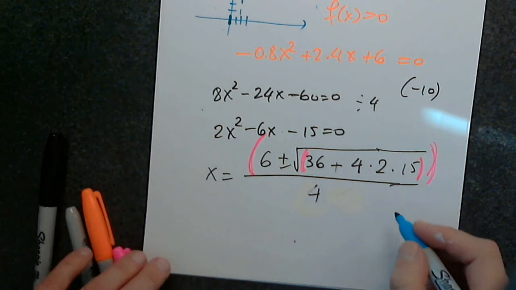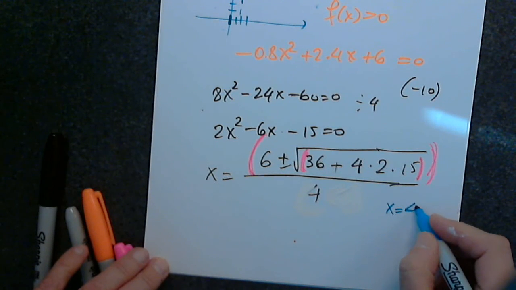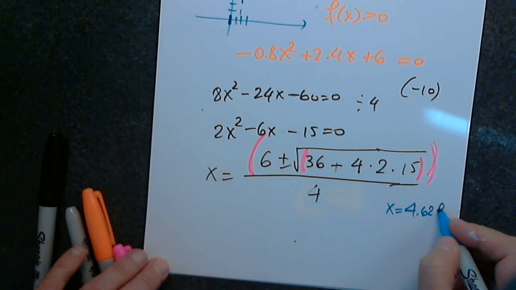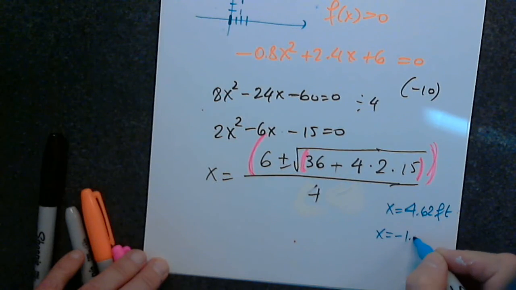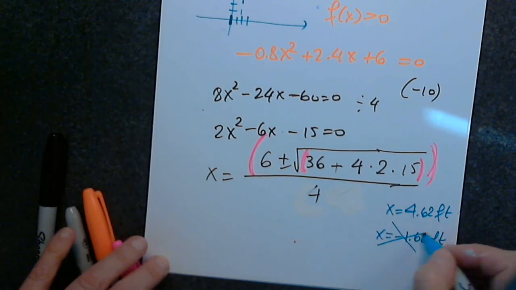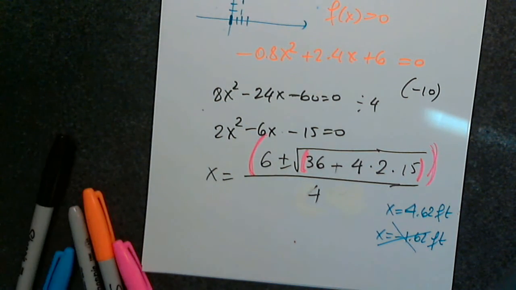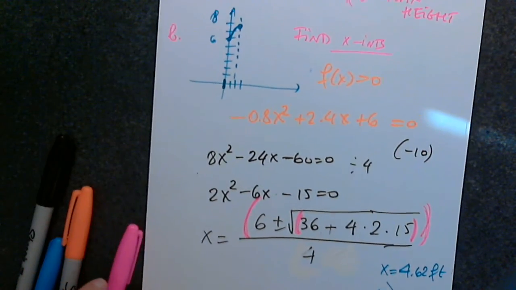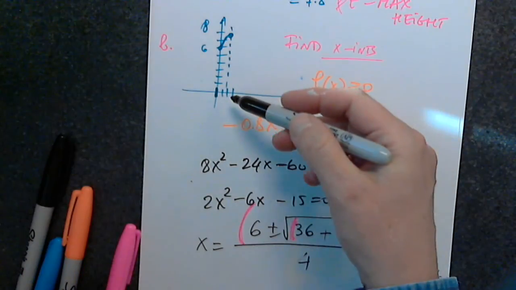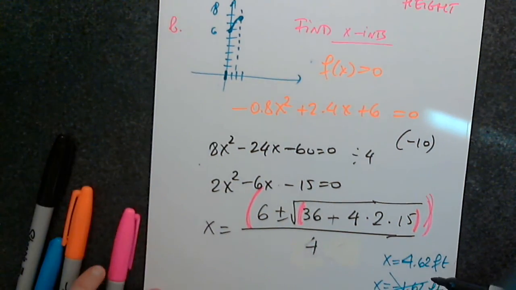So the two solutions are x equals 4.62 feet and x equals -1.62 feet. Algebraically, it's a correct solution, but not when it represents a distance. So this is 1.5 and 4.62.